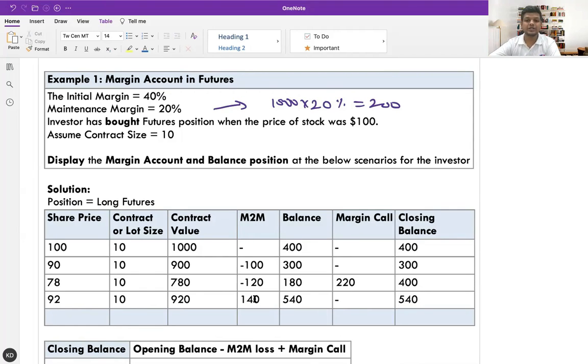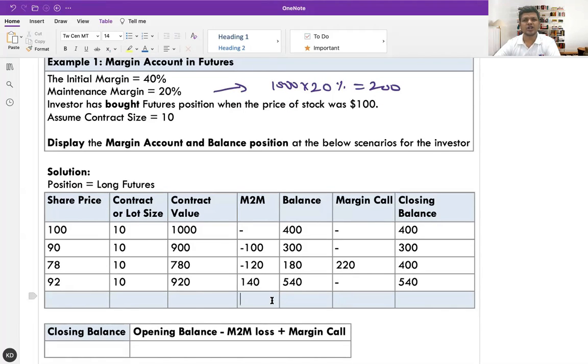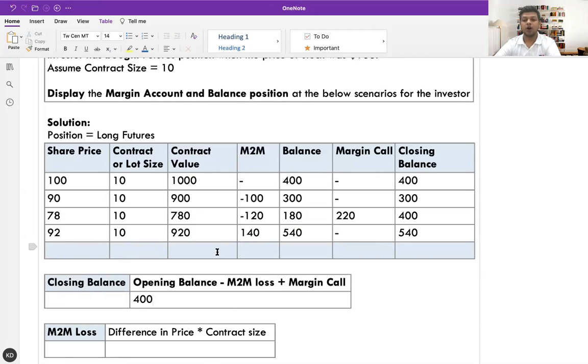Now if you check the situation, how much is your opening balance, the amount that you deposited? 400. What is the total mark to market loss? 220 minus and 140 plus, which is 220 minus 140, that is 80. Negative 80, right? So your mark to market loss is 80.